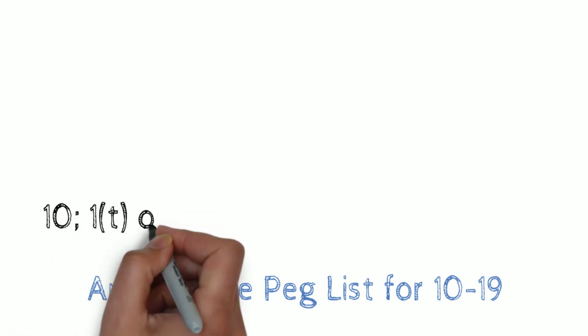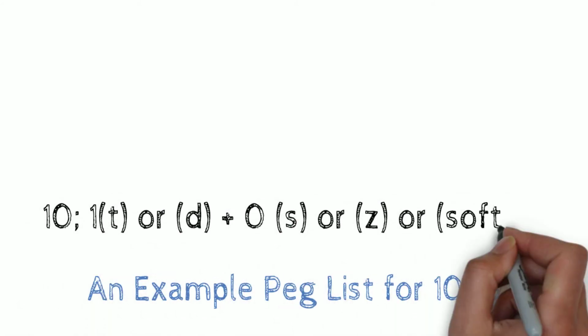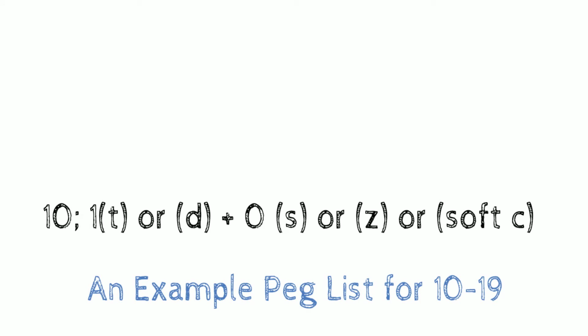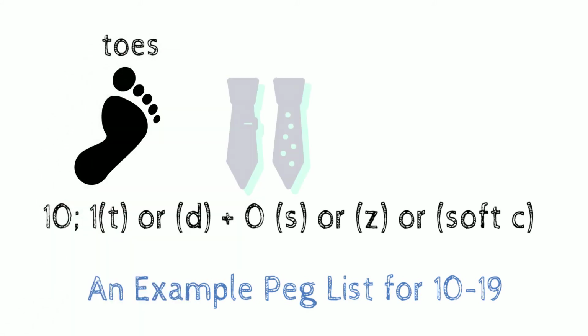Let's start with number 10. It has 1 and 0. Remember the consonant sounds for 1 and 0? For 1, it's T or D. And for 0, it's S, Z, or a soft C, which produce the S or Z sound. When you combine the two, as in 1, which is T, plus 0, which is S, we can form words like toes or ties.